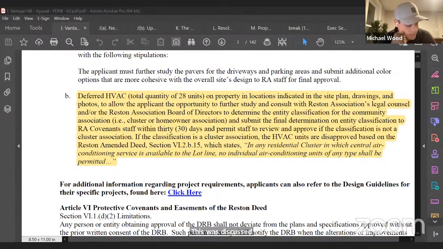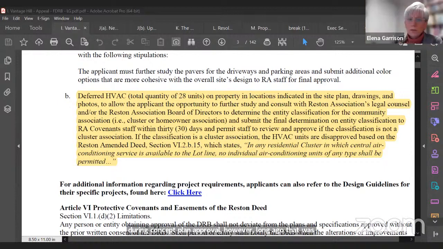Okay. I'd like to make a motion. Go ahead, Elena. That we accept this appeal based on new information, two pieces of new information. One, that the community intends to be a condominium association, and two, that there is not a guideline through which the staff can approve this without the application coming through the DRB.